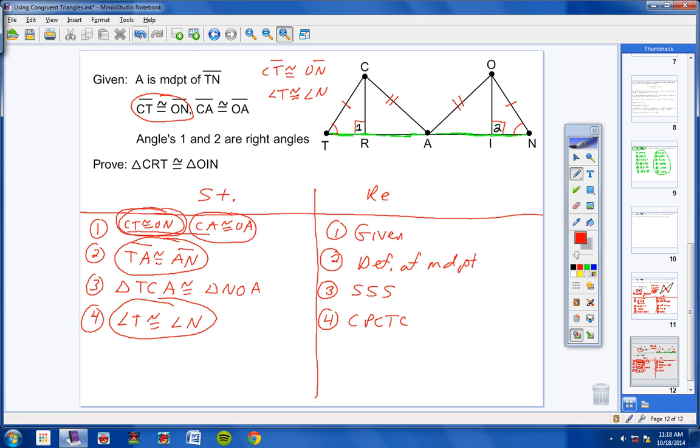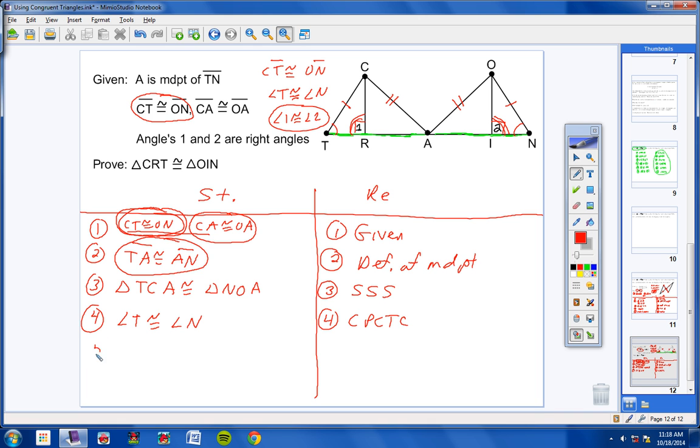So the only thing left for me to state is angle 1 is congruent to angle 2. And as soon as I state that, put 2 marks here, 2 marks here, I have angle side of one triangle congruent to angle side of another triangle. So this is the last thing I have to state right here.